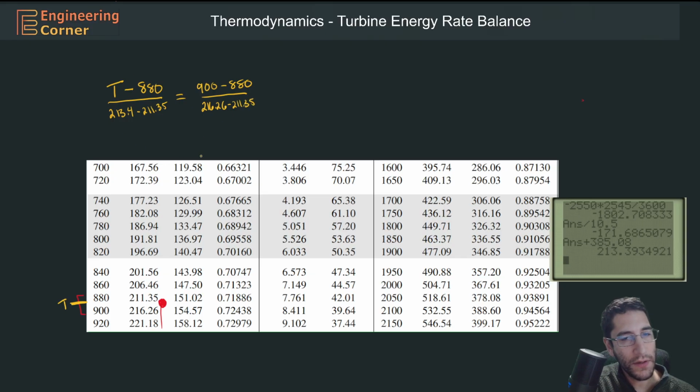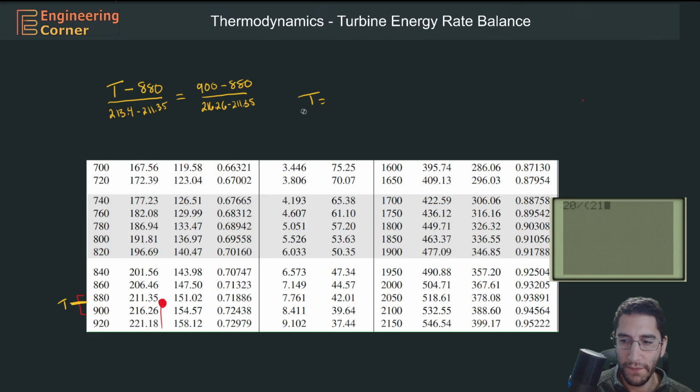So now we can solve this equation for T. Let me get my calculator. So this is 20 divided by the difference in our enthalpies, multiplied by the difference in this enthalpy, and then we add 880 to it.